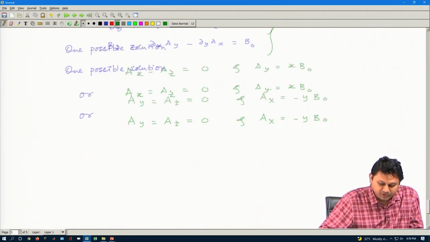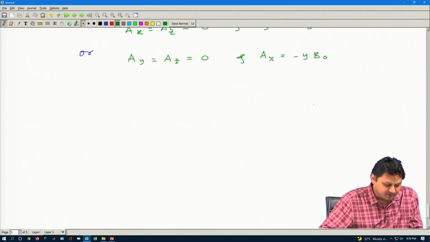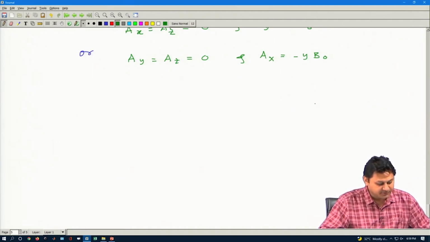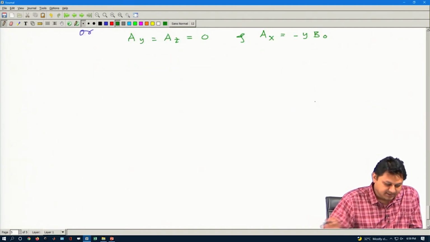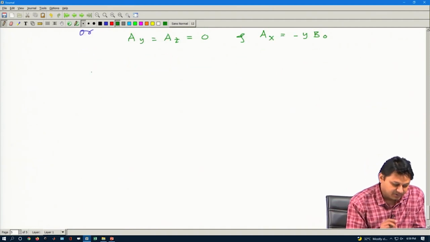Now, if two solutions are there, the linear combination of these two solutions is also a possible solution, and if you do that, you can have another solution.